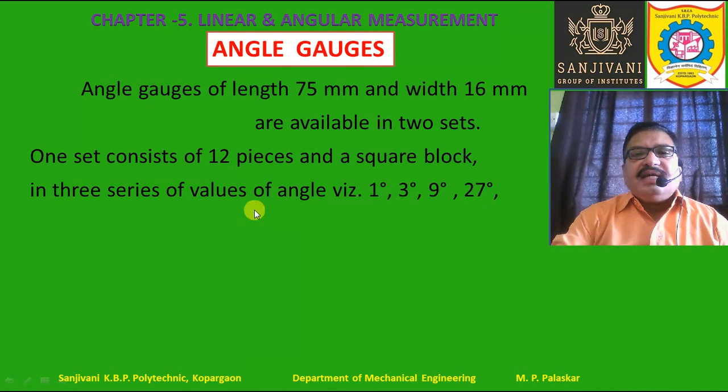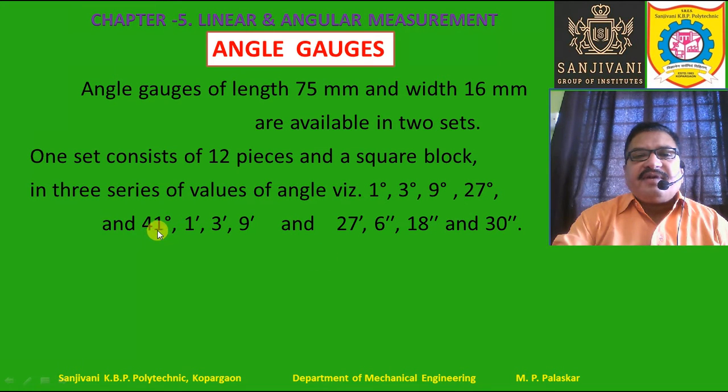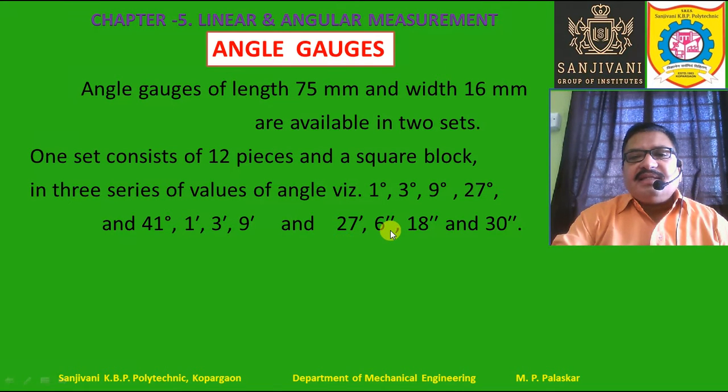So this set consists of 3 series of values of angles. One angle gauge is of 1 degree, then another 3 degree angle gauge, 9 degree, 27 degree angle gauge, then we have 41 degrees angle gauge, 1 minute, 3 minute and 9 minute angle gauge, and one more series we have in the same set, that is 27 minute, then 6 seconds, 18 seconds and 30 seconds.